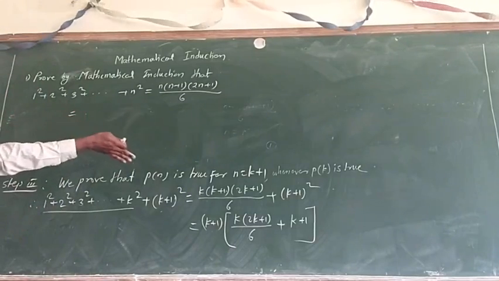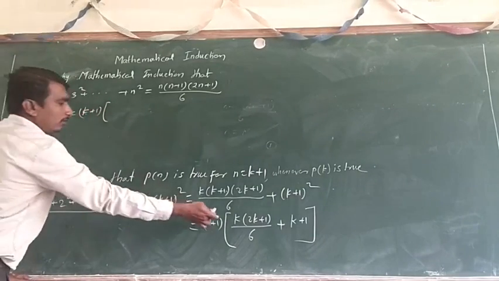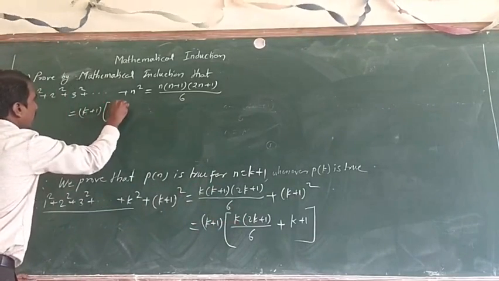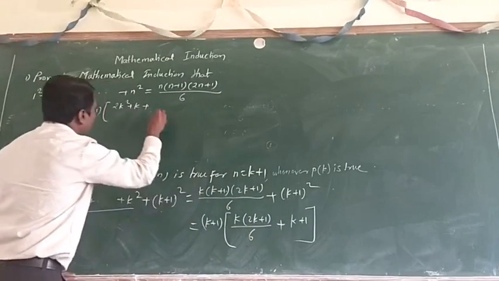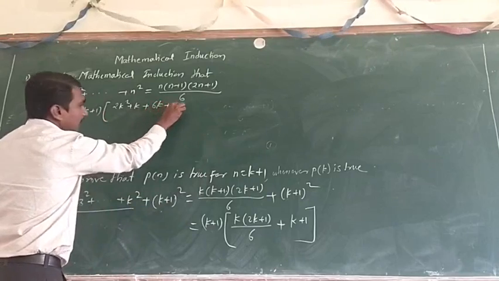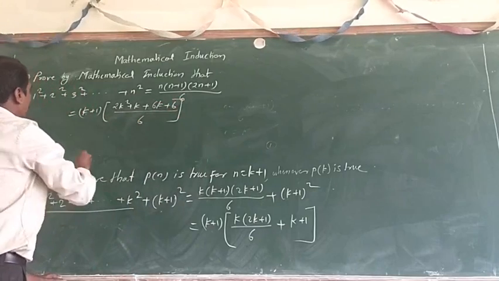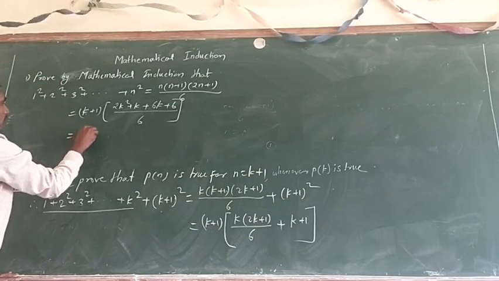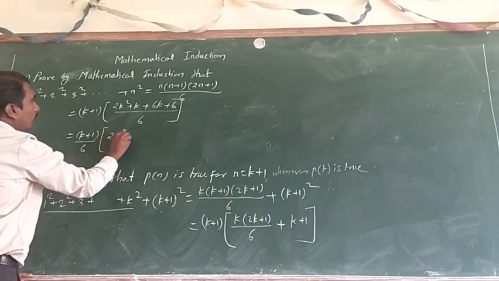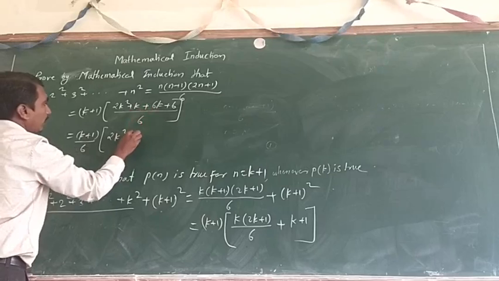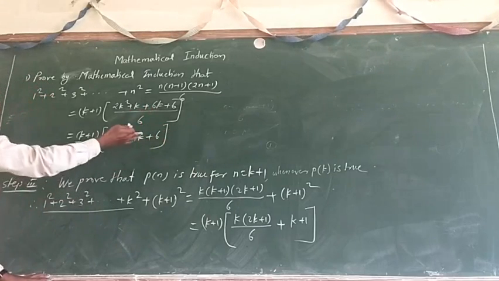Therefore that is equal to k plus 1 into bracket, we solve this bracket, that is 2k square plus k plus cross multiply this one, that is 6k plus 6 by 6. So this is equal to k plus 1, LCM take outside, so this is 2k square plus 6k plus 1 is 7k plus 6. Now we solve this quadratic equation.